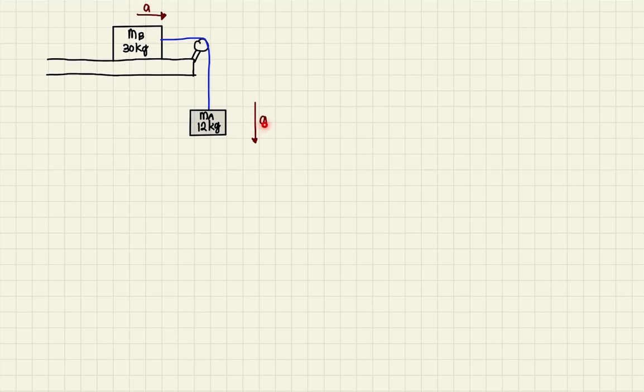Now what causes this acceleration? This acceleration is caused by a net force. The net force that causes the acceleration on block A, we will assign as F of A, the net force on A. And the net force acting on B will be F of B, the net force on B in the same direction as the acceleration.